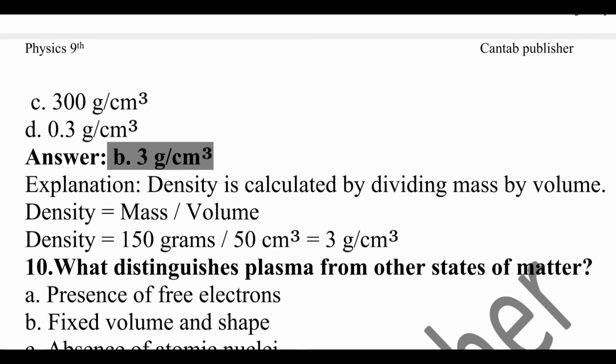So the correct answer is B, 3 gram per cubic centimeter. Explanation. Density is calculated by dividing mass by volume. The formula of density is density equals mass divided by volume. You have to put the values of mass and volume in the formula. You will get 3 gram per cubic centimeter.